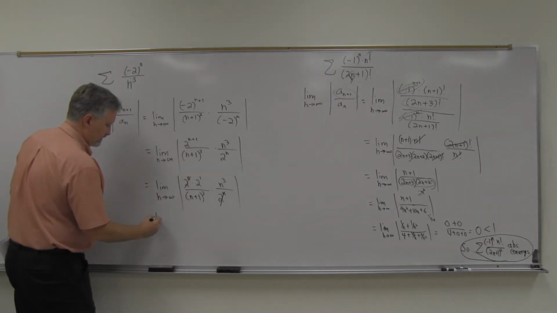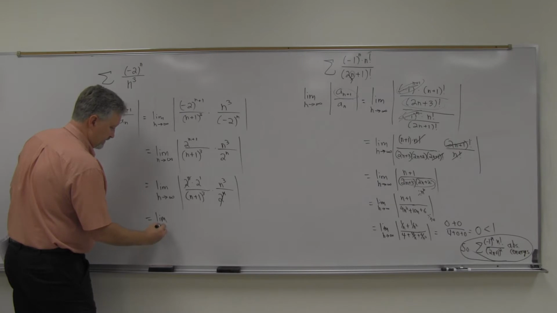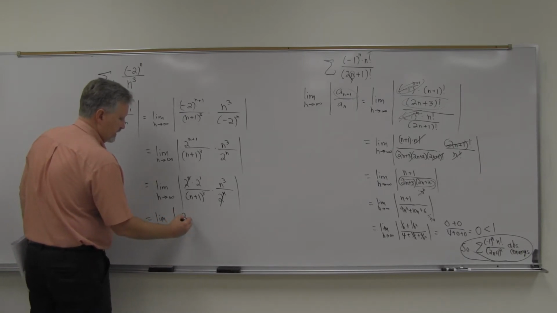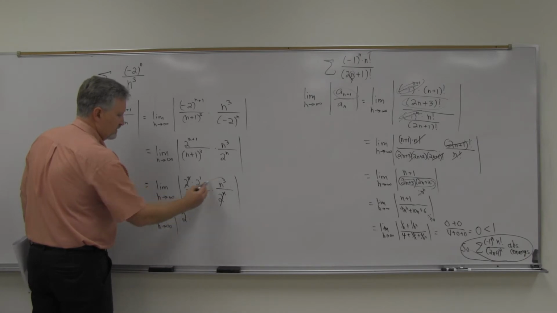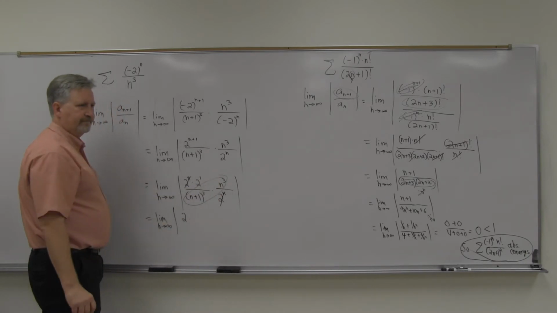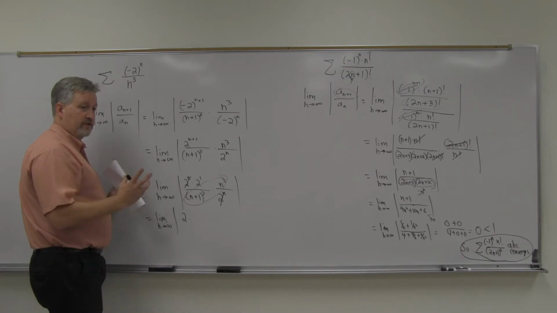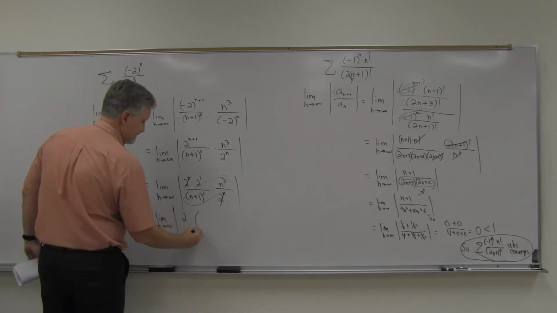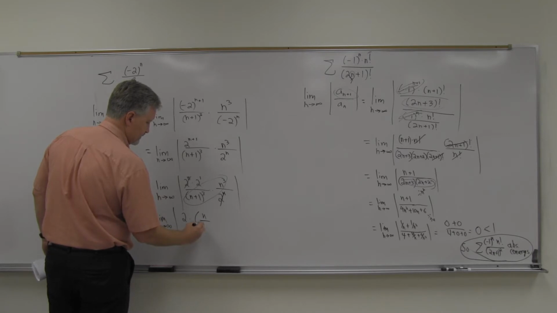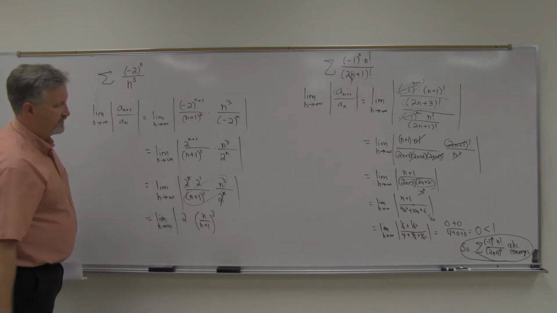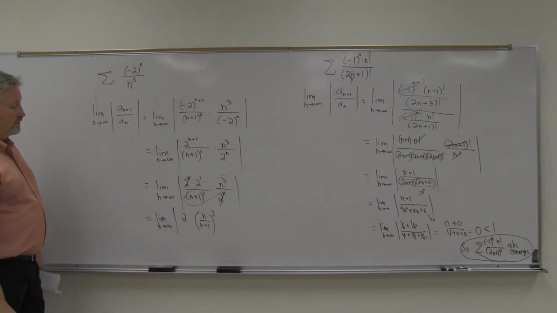What I can say here is this is 2, and then these two things, n cubed divided by n plus 1 cubed, I can write as 1 over 1 plus 1 over n, cubed.